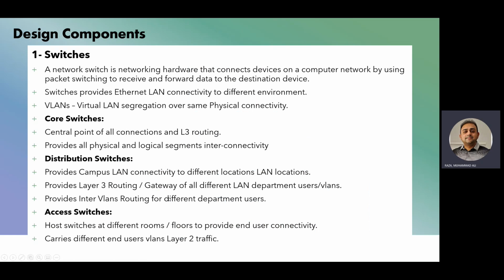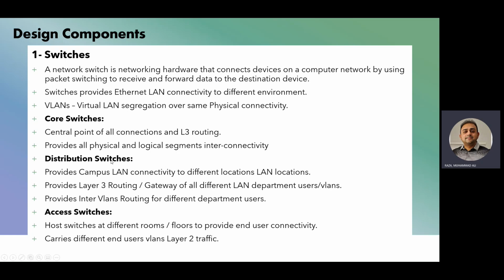The very first component we're going to discuss here is the switches. Switches basically provide the network connectivity. That's all about layer 2 connectivity. In this design, we have seen the core switches, distribution switches, and the access switches. Core switches are the central point for all of the layer 3 aggregation.